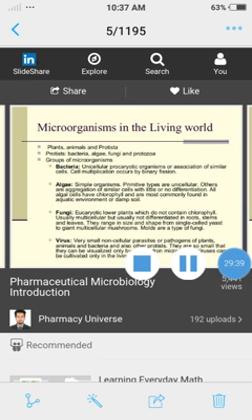Then microorganisms in the living world: plant, animal and protista. Then protists: bacteria, algae, fungi and protozoa. Then groups of microorganisms.